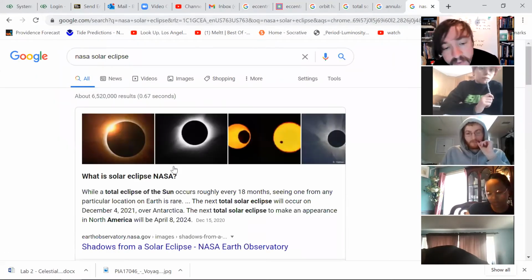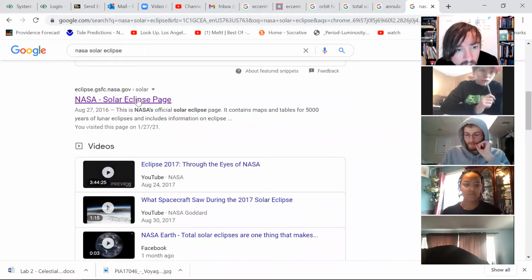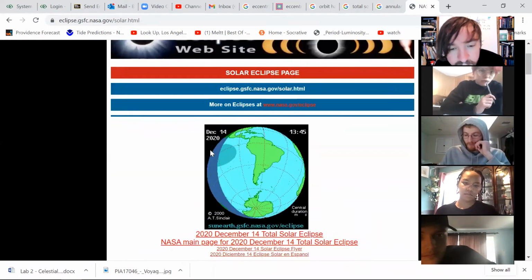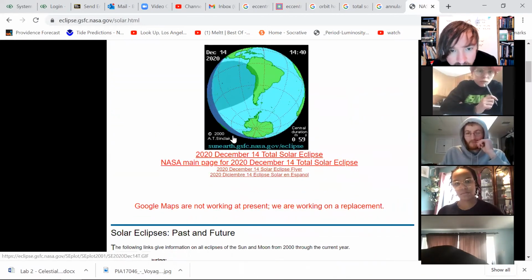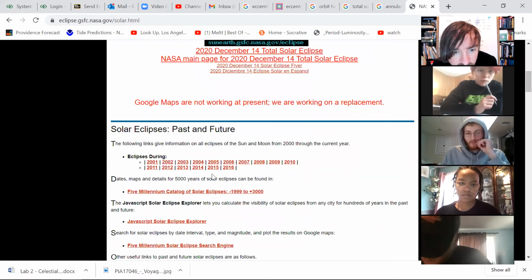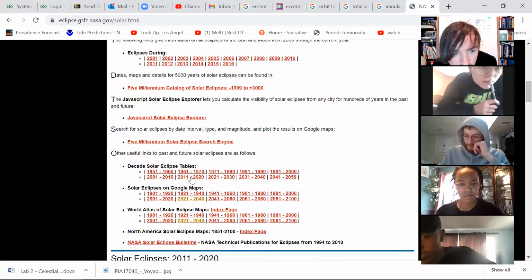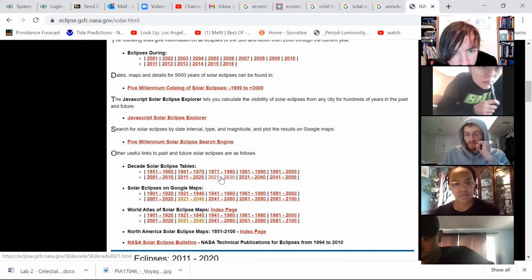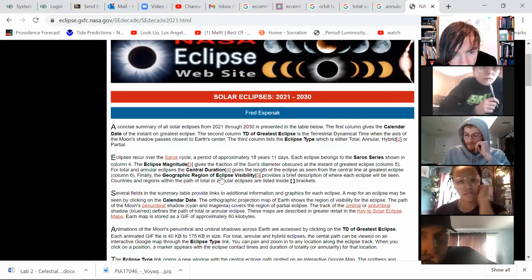It has a lunar eclipse page too. And you can look up the eclipses for a whole bunch of different years. I want eclipses for 2021 to 2030.